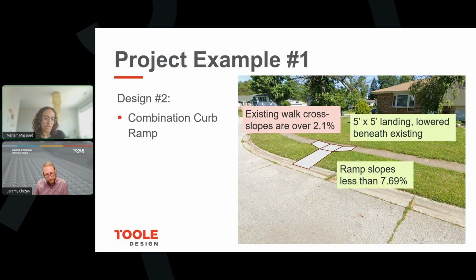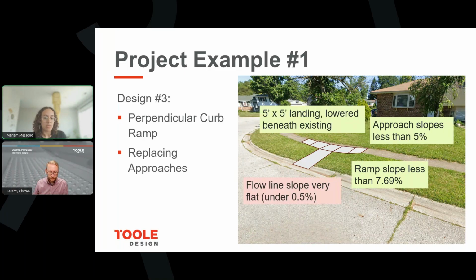One issue that we ran into was that the existing walk had cross slopes that were not compliant. So for those two approach ones, we decided to do another panel on each side.